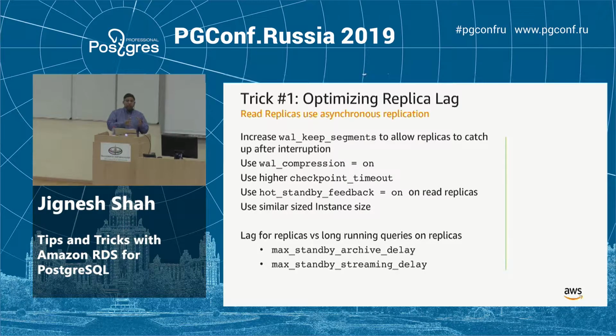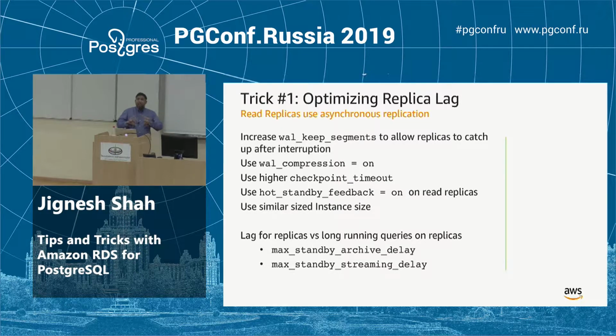If it doesn't find the logs on the instance itself, nothing is lost. There is still a way to get the logs because we are protecting them through your backup windows anyway. It will go to the backup location, get the log files and still apply them. But that method is a bit slower. You will be able to do that, but it will take more time. So if you want to catch up quickly, bumping up wal keep segments helps you.